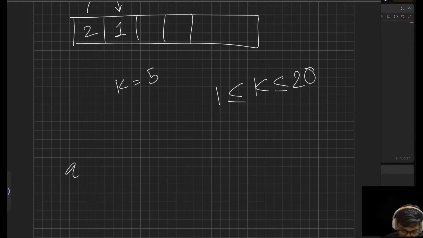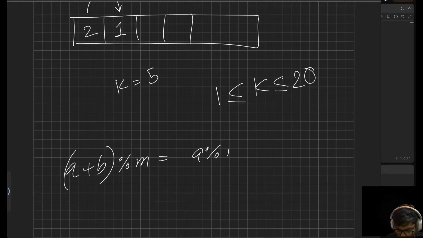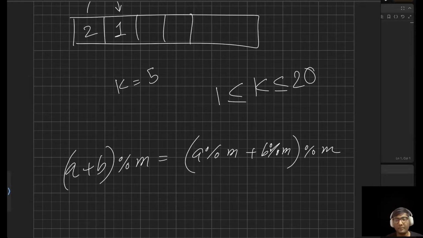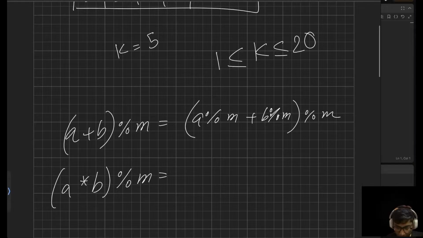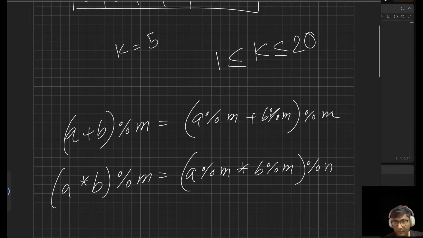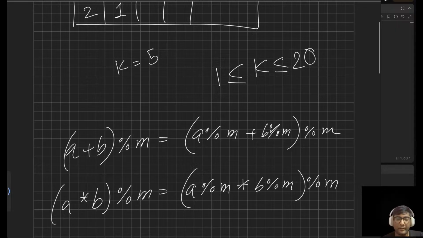That (a plus b) modulo k can be distributed over the terms. And this property of distribution of moduli, we will use this also. So these are the two properties we will use, but how?